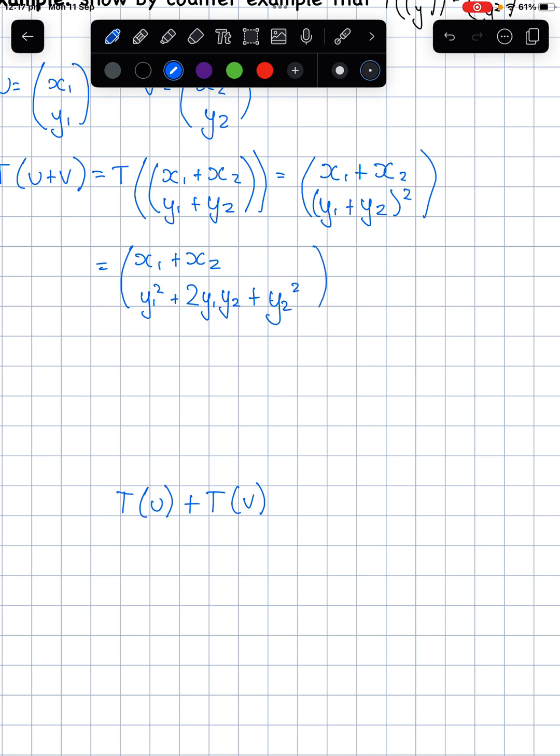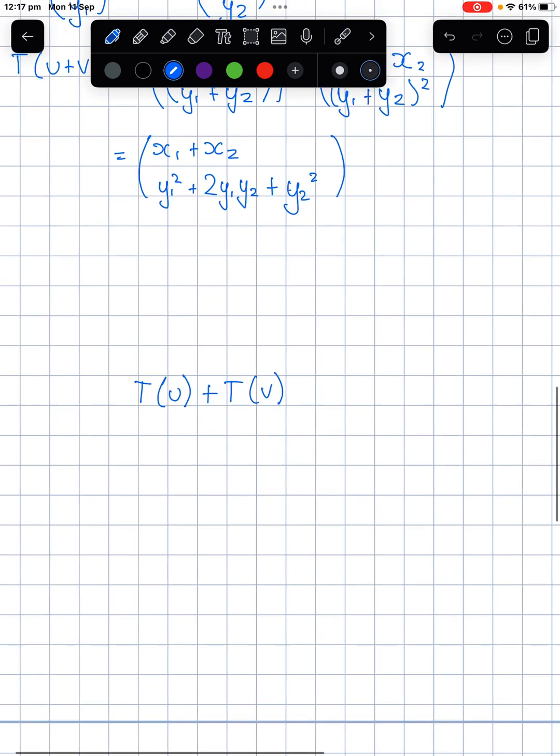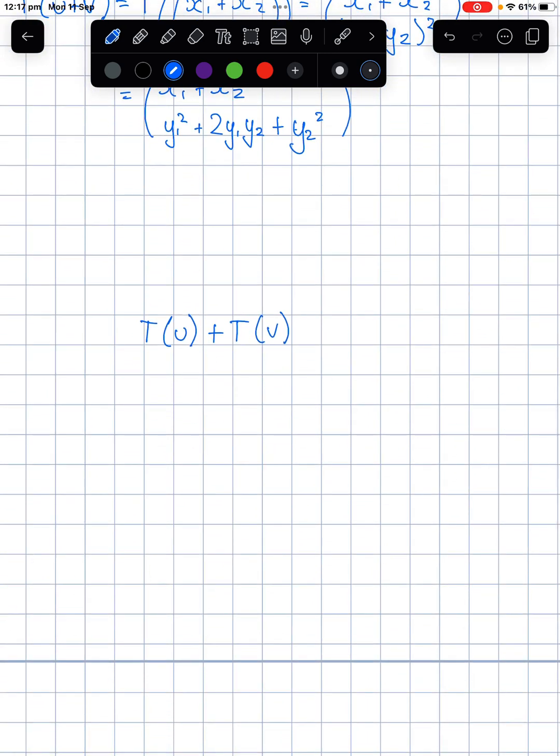Okay? Now, straight off the bat, this is an issue, because if we put these values in, I can tell you right now, this matrix is meant to look like x1 over y1 squared plus x2 over y2 squared.